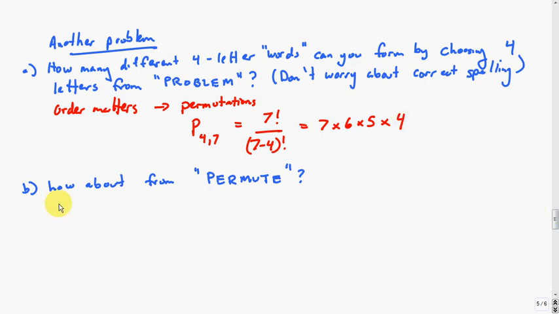The second part of the question says, how about from the word permute? How many ways can I choose 4-letter words from that? Well, this is a little bit trickier. We still have that order matters. However, we have to deal with the fact that there are 2 E's.